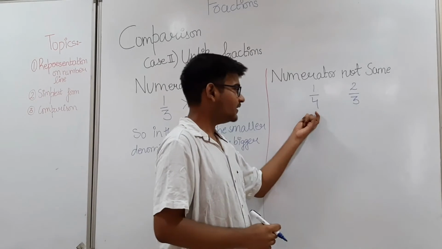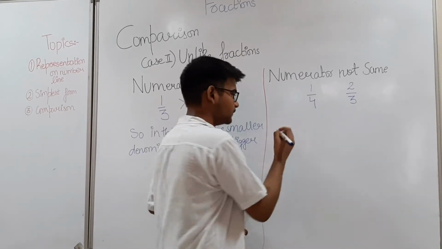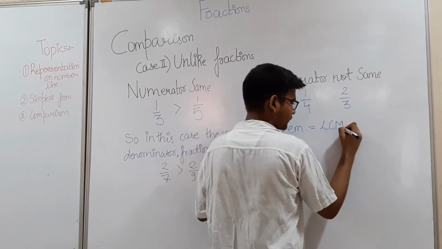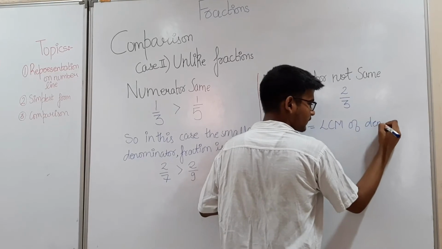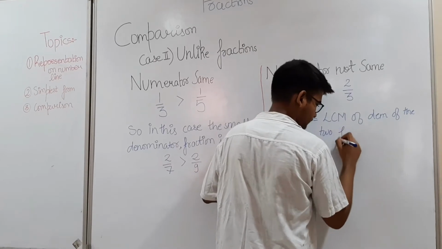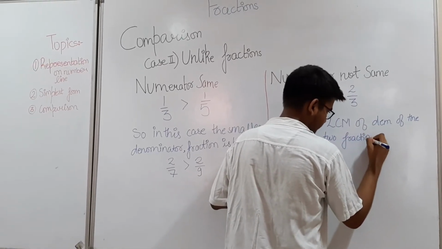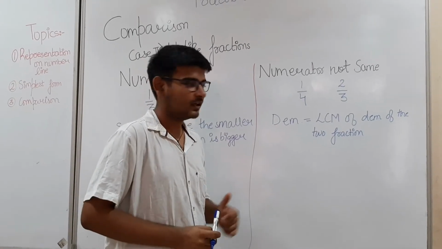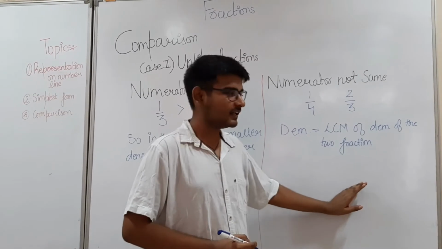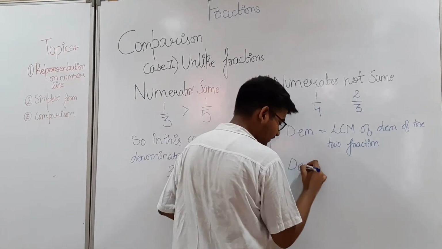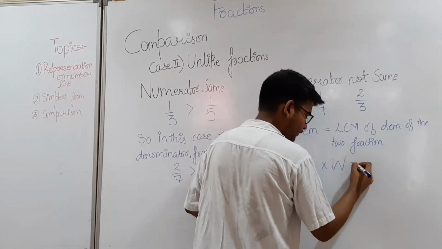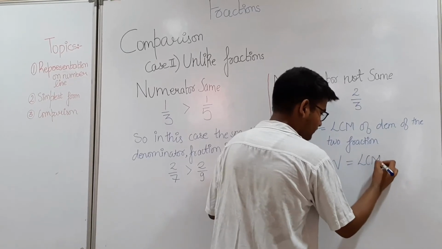That is, the denominator is equal to the LCM of the denominators of the two fractions. That is, we will multiply the denominator of each one of the fractions by a whole number to get the LCM of the two denominators.